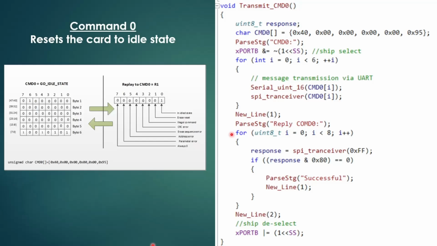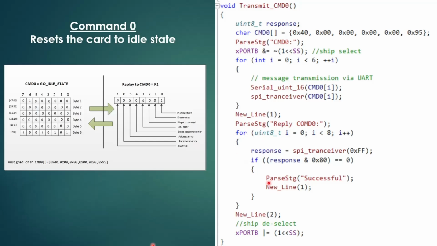We give 8 opportunities to get the status equal to 0 on bit 7, which is the 80 hex. Once we do that, we declare success. If we never get bit 7 equal to 0, then we don't report anything, which means that we had a failure.